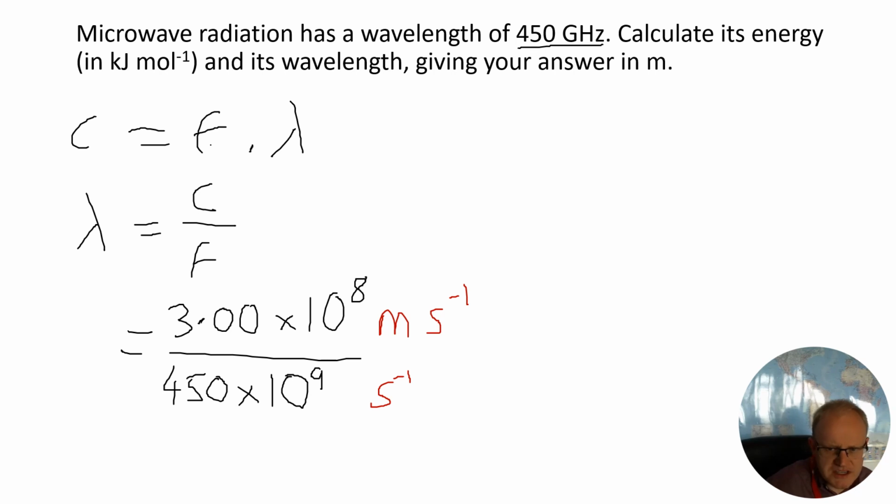So when you bring the per second up to the top, it becomes seconds, which cancels out with the seconds to the minus 1, so you just get left with meters as your units, which is what you want for wavelength. Wavelength needs to be in meters. So we chuck all that into your calculator, and that comes out as 6 times 10 to the minus 4 meters.